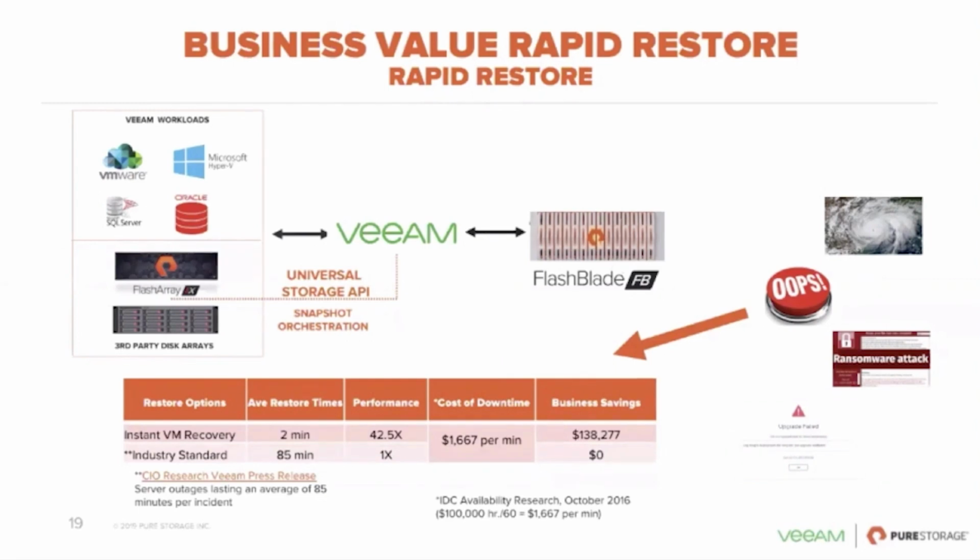You can dig into the research, but we're showing average restore time of 2 minutes versus 85, and a lot of our customers are able to quantify, generally because they've had a bad restore experience, that money saved in respect of less time to recover, and you literally can see the performance improvement.